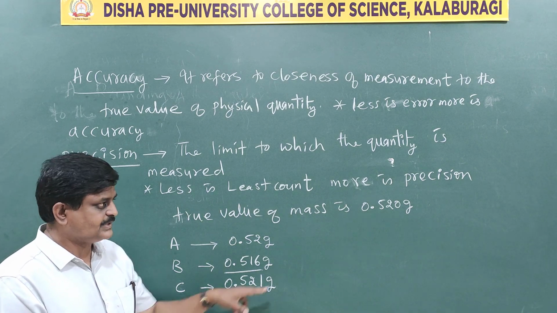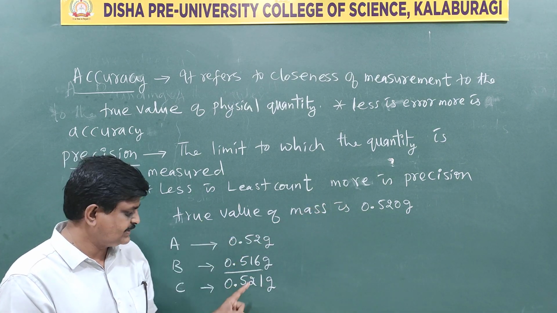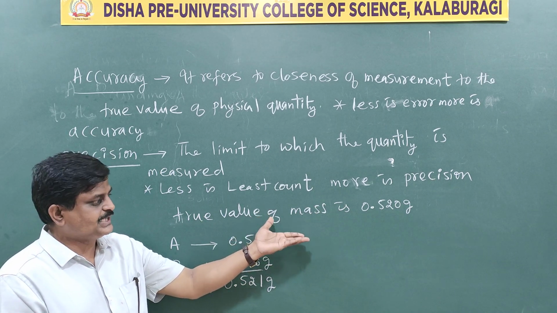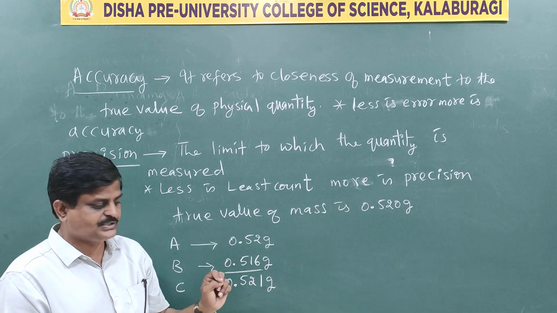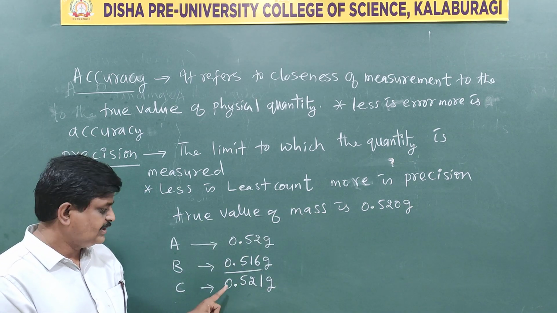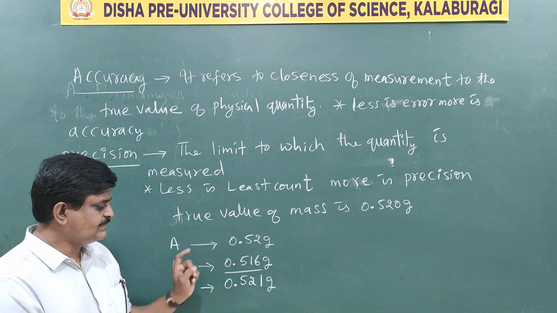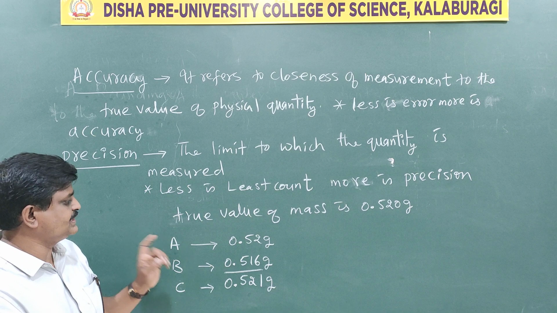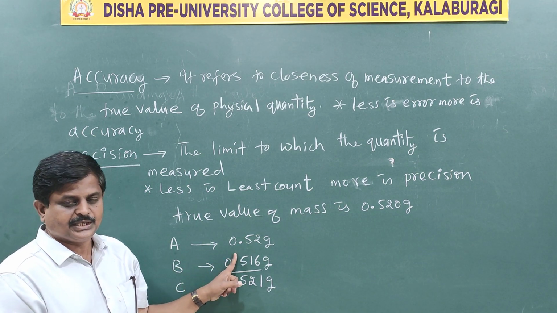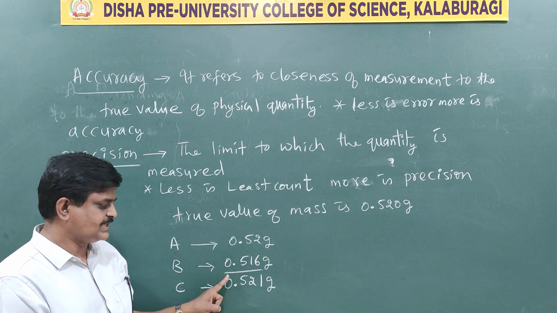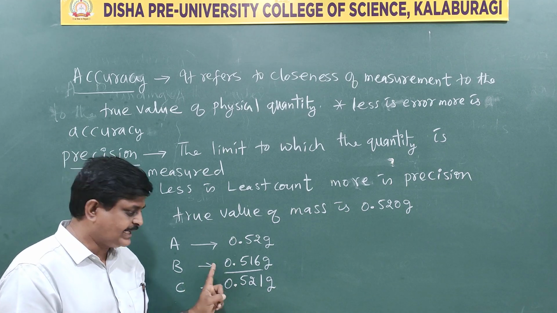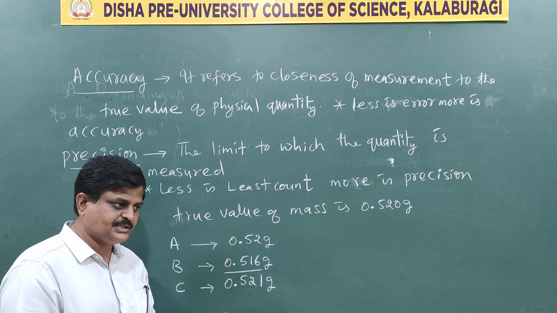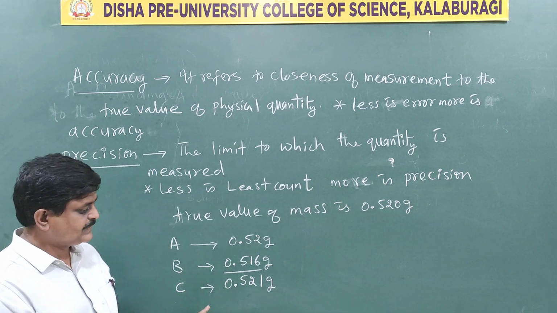Precision, because up to 0.520 he was able to reach, and accuracy, just see: the standard value given is 0.520, what he estimated is 0.521. So this will help you to differentiate the two terms, accuracy and precision. The first one, neither accurate nor precise. Second one has precision but is not accurate. Third one, both accurate and having precision.